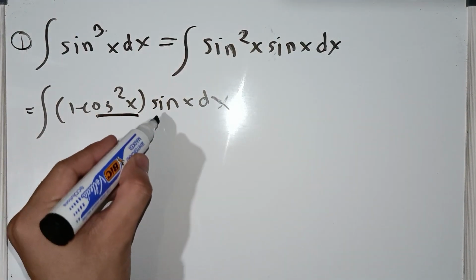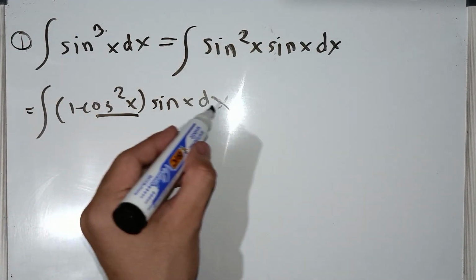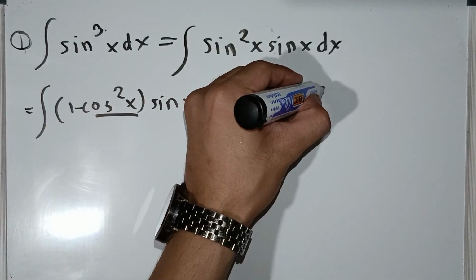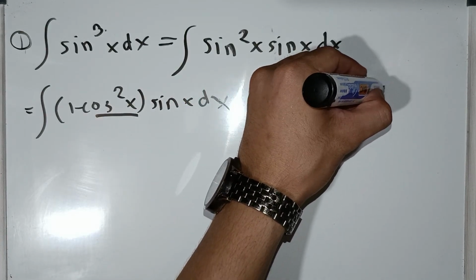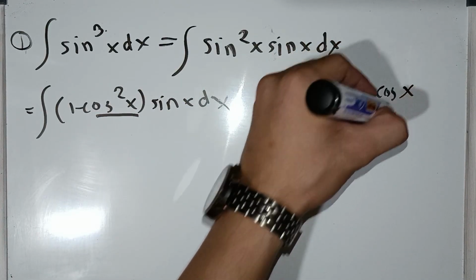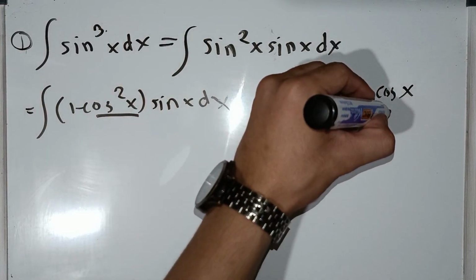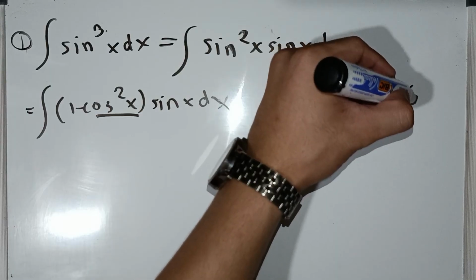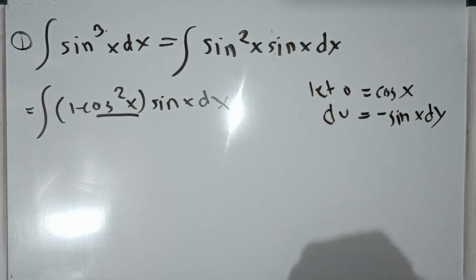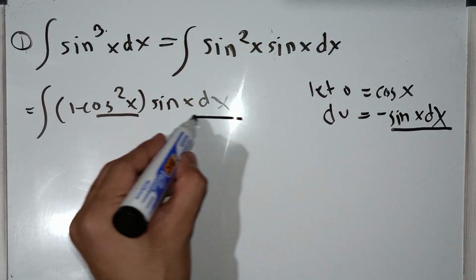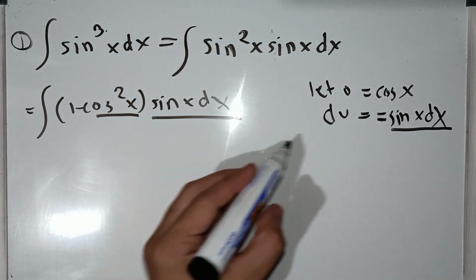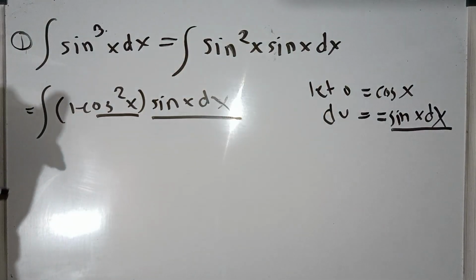As you can observe, when we let u is equal to cosine x, it will become sine x dx. So letting u is equal to cosine x, we will have du is equal to negative sine x dx. Since we have the value of du, which is sine x dx, and we have a negative sign, let's put this on the outside.